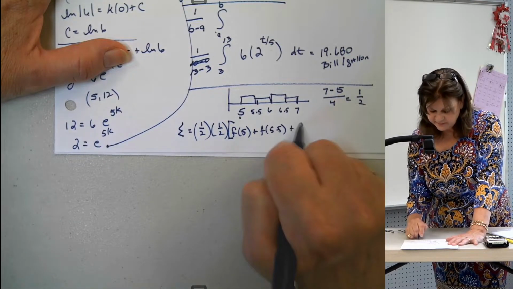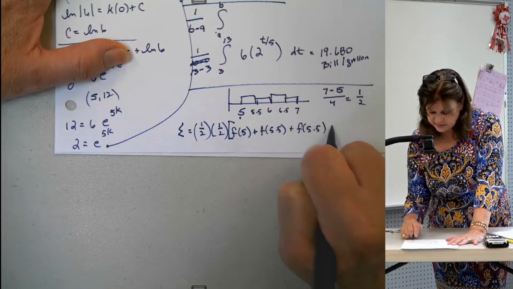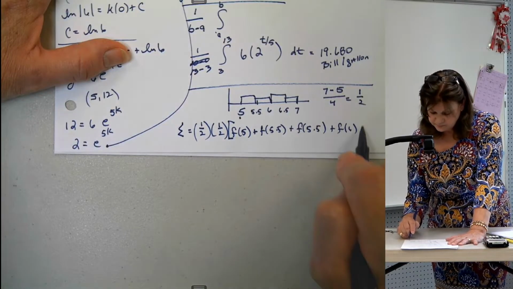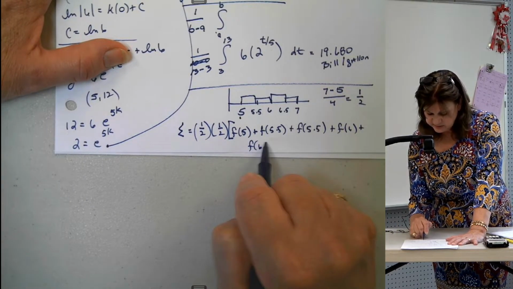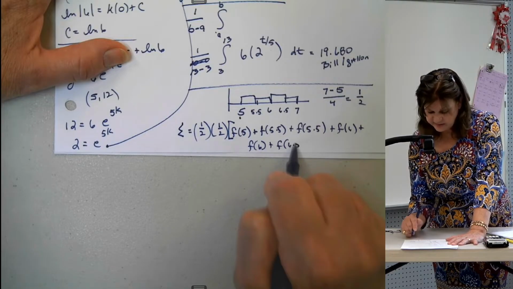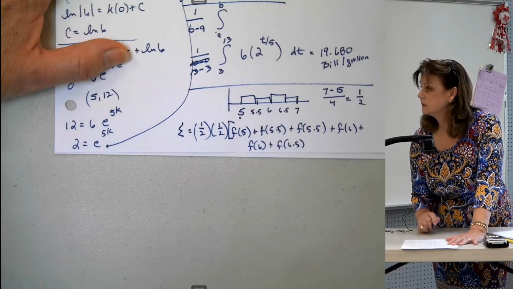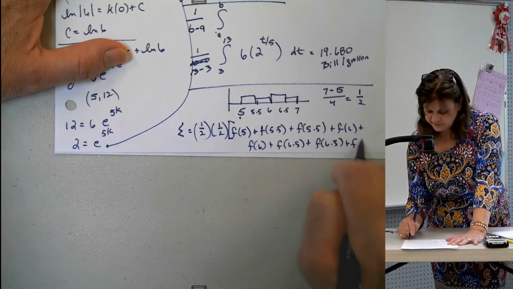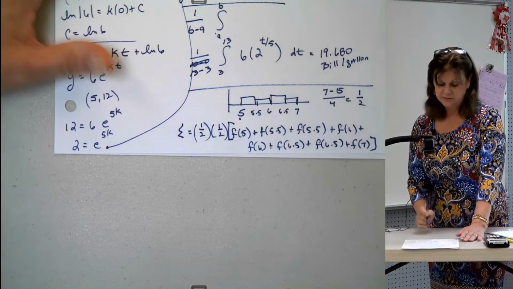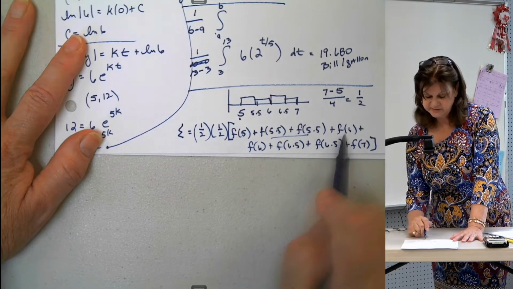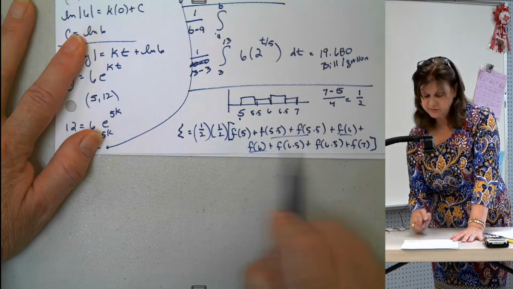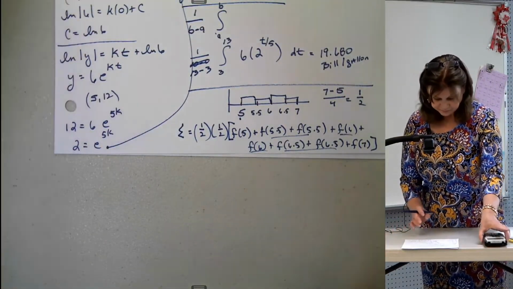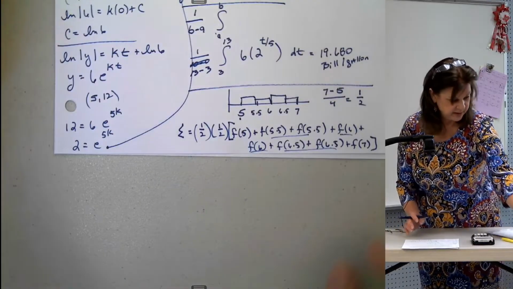And then f of 5.5, f of 6, there's the second trapezoid. F of 6, f of 6.5, there's the third trapezoid. And the fourth, f of 6.5, f of 7. So you've got 2 f of 5.5, 2 f of 6, and 2 f of 6.5. All right, take just a minute to calculate that. And I'll be putting the answer up in just a sec.